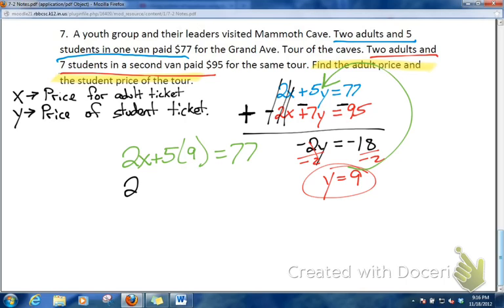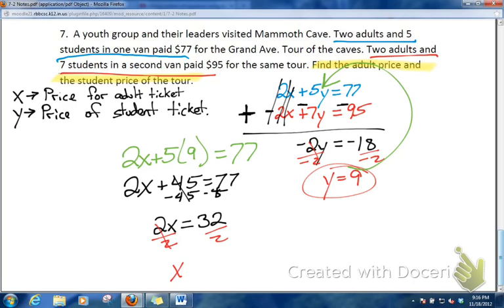So I've got 2x plus 45 equals 77. Subtract 45 on both sides. 2x equals 32. Yeah, 32. And last step, divide by 2, and x equals 16.